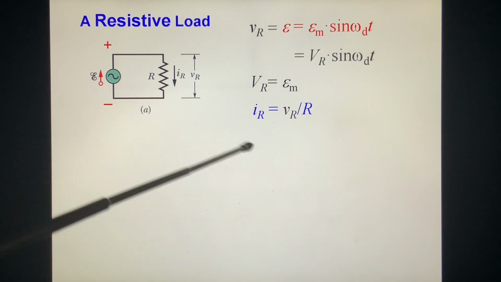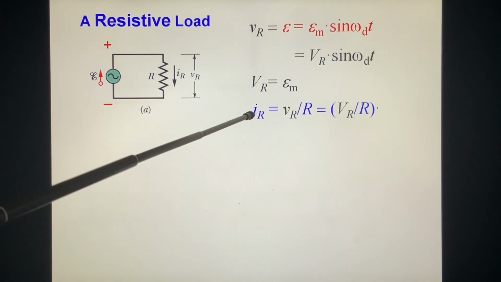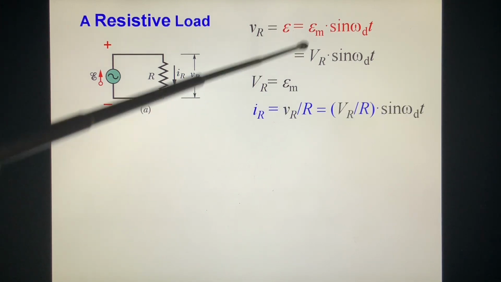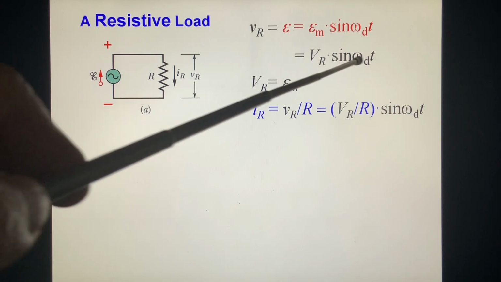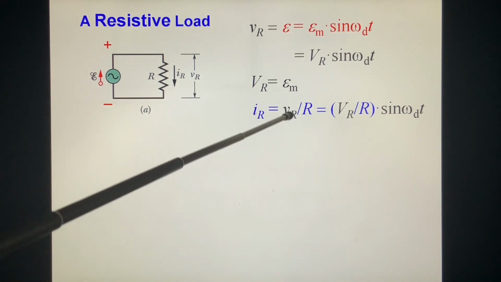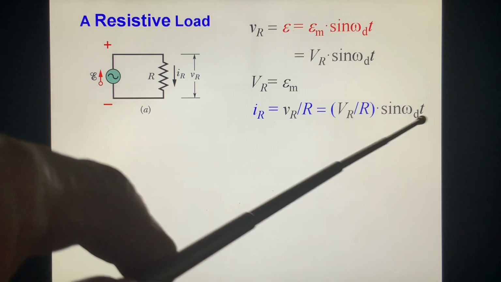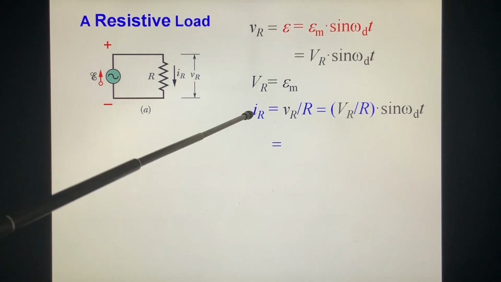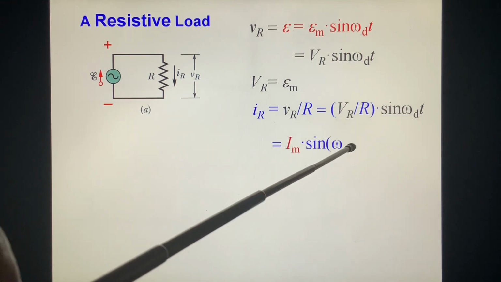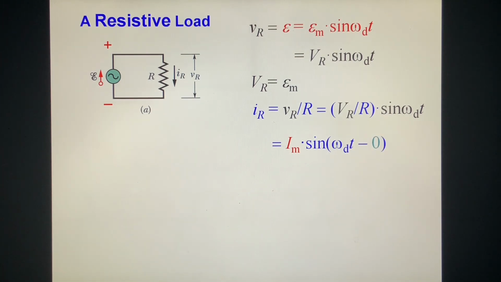And IR equals VR over R. This is alternating, and VR equals epsilon M sine, so IR equals VR over R sine. We can write this as Im sine omega t minus 0.